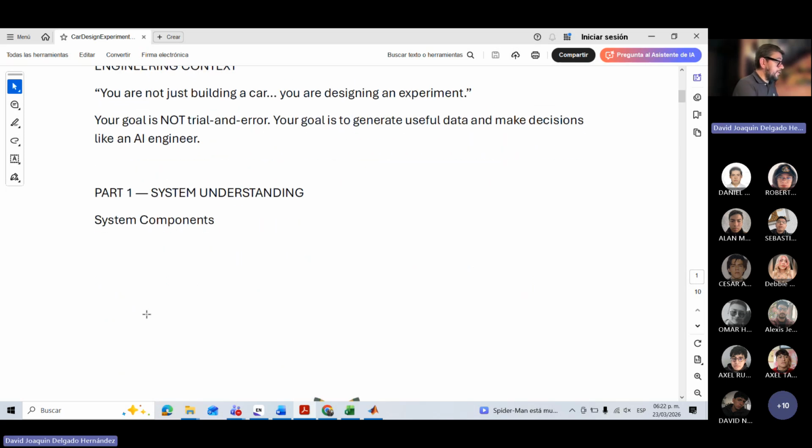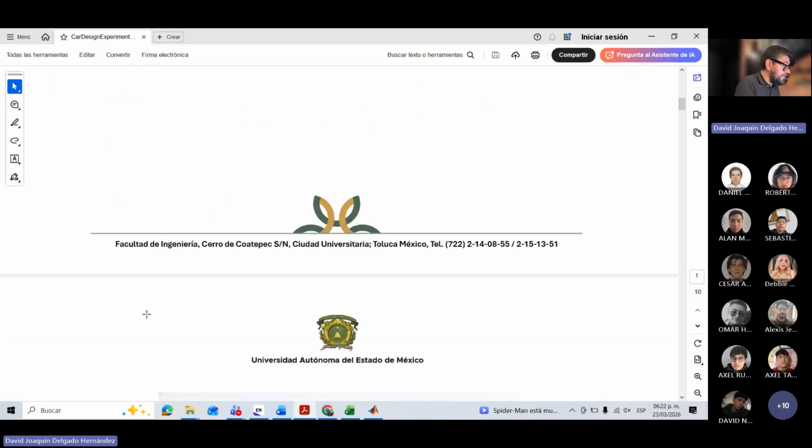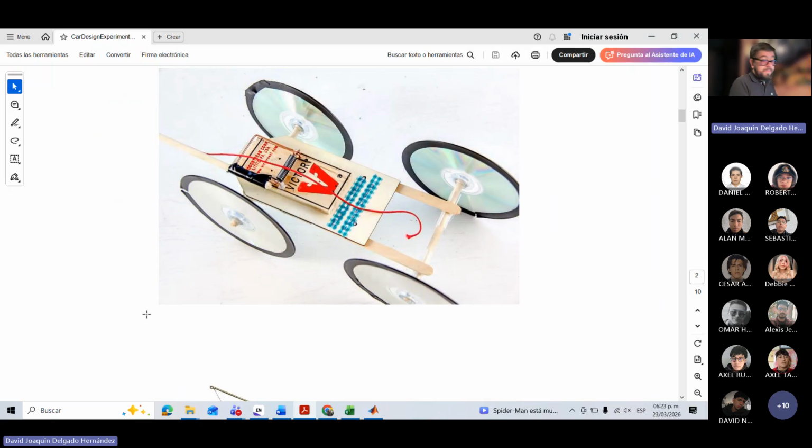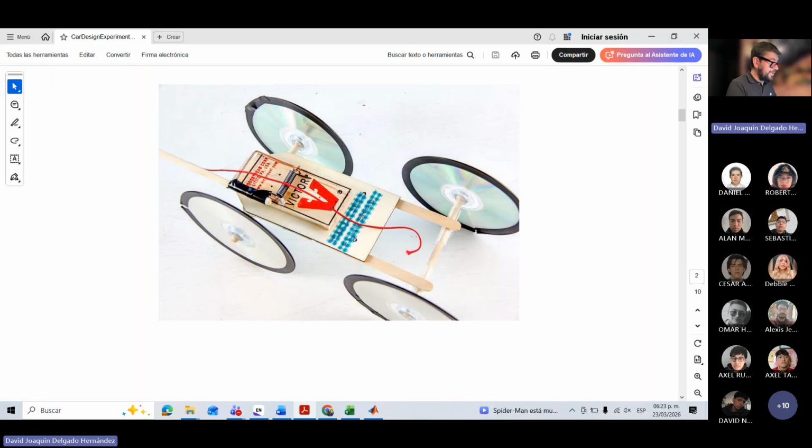So this is part number one, the system understanding. These are the system components. This is the mouse trap. Do you remember Mickey Mouse or Tom and Jerry? There were a lot of mouse traps.